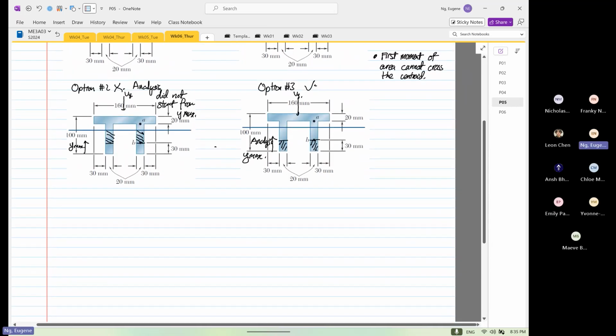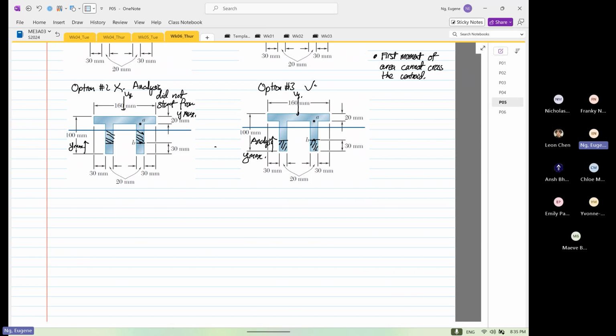Now, the next thing I want to highlight is we are going to look at the formula that we have derived, and we are going to come back to this cross-sectional view again that we've just done.